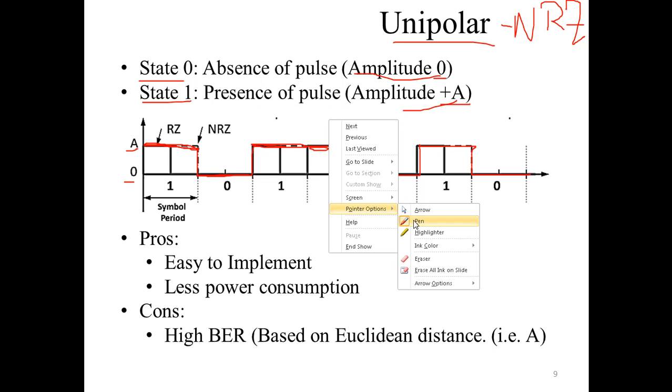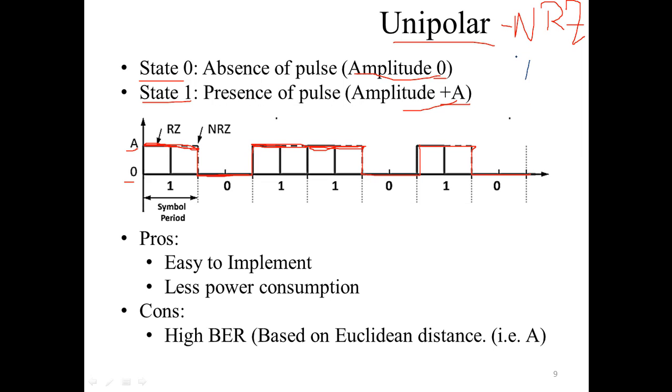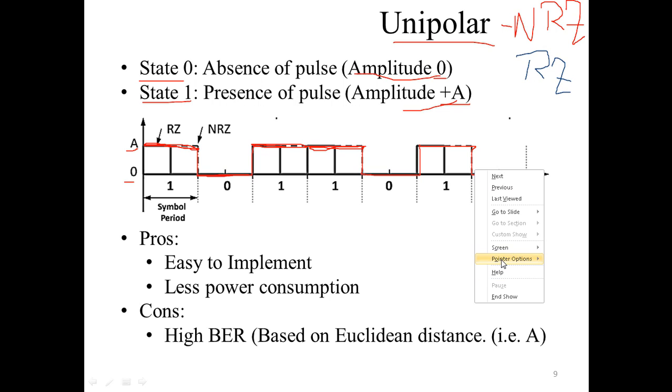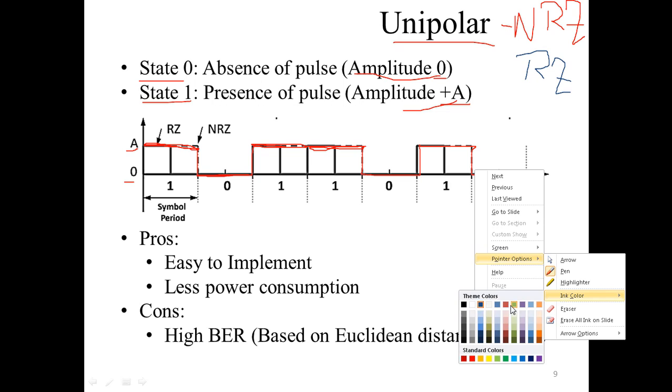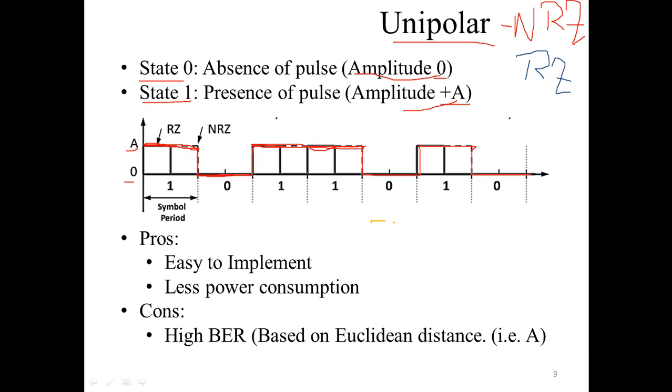Similarly, if you are asked to do it with RZ, that is return to 0, let me change the color of my pen because blue is similar to black. Let's go with orange. Yes, orange is good, it's differentiated. So if you use RZ, it means return to 0. For 1, instead of sending full A for the whole symbol period, you just send A for half of the symbol period, and then you come to 0.